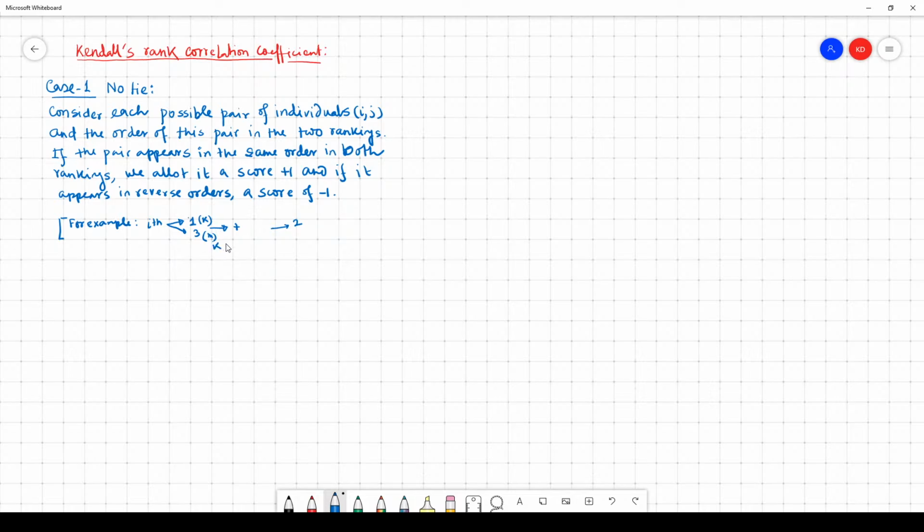Same order means k less than m, and the opposite, that means k greater than m, then we allot -1. For example, if the ith individual's rank is 5 for judge 1 and for judge 2 it is 2, so here k is 5 and m is 2, that means k greater than m. Since it is not in the same order, it is the reverse order, that means we allot -1 for the ith individual. Okay.